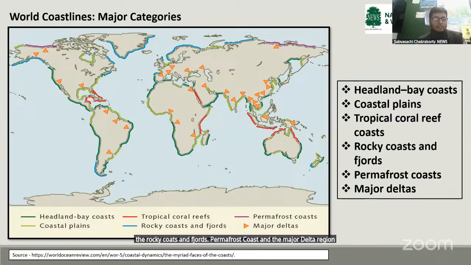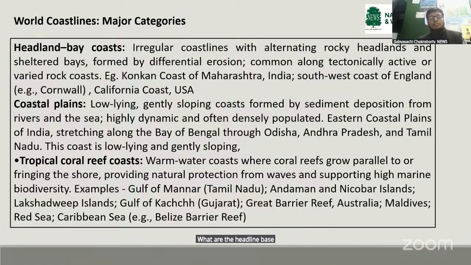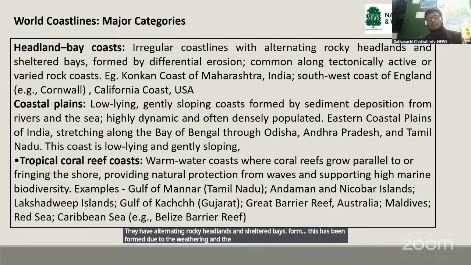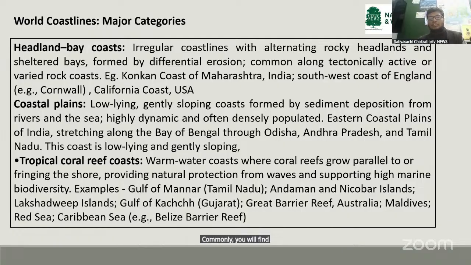So the headland bays, I will just explain briefly what they are. Headland bay coasts are mainly irregular coastlines. They have alternating rocky headlands and sheltered bays. This has been formed due to weathering and differential erosion, and commonly you will find those regions in tectonically active regions.